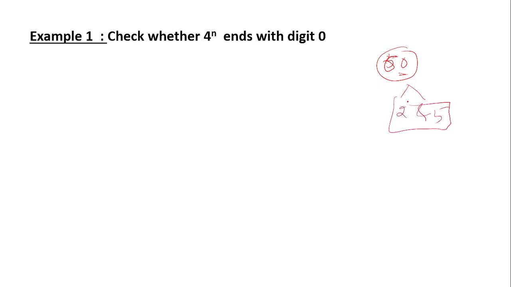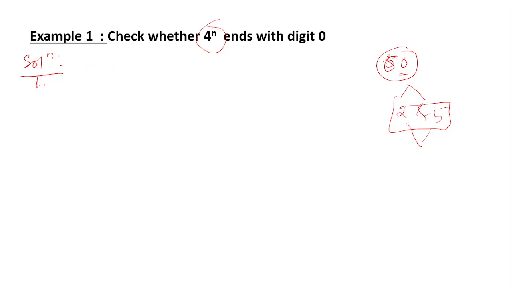So we need to check whether in the prime factorization of 4 to the power n, both these factors are present or not. If both these two factors are present, then we can write that this number 4 to the power n ends with digit 0. Otherwise, it cannot end with digit 0. So solution. So how to write?